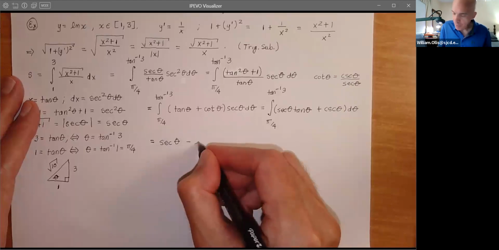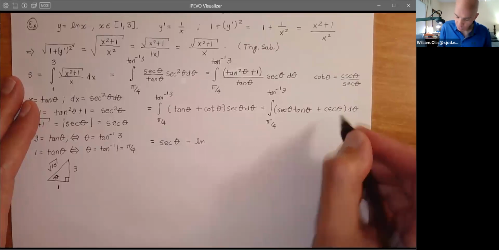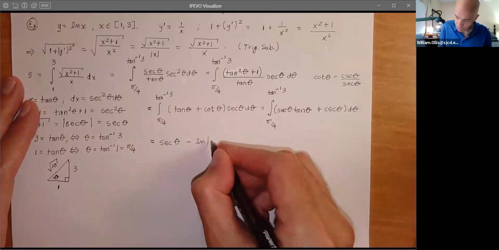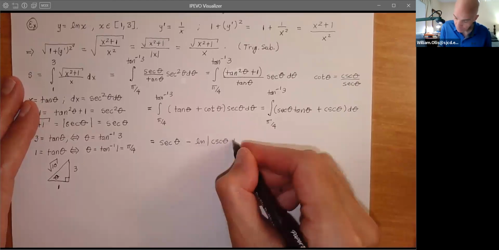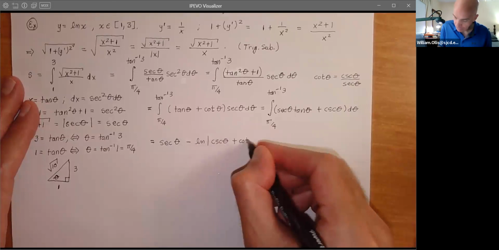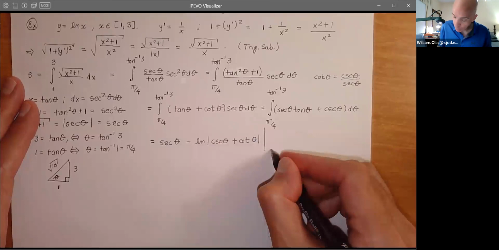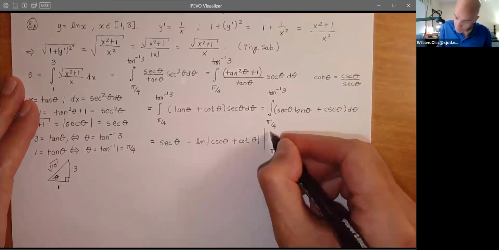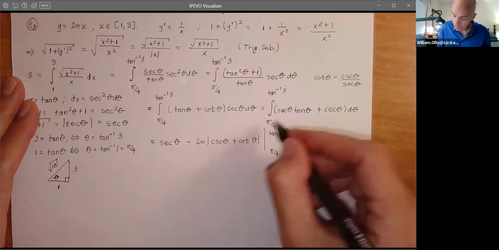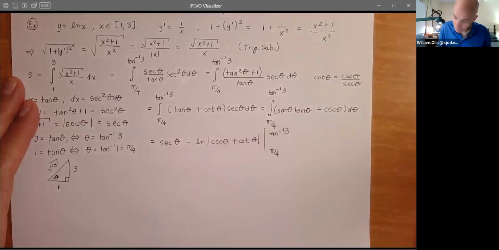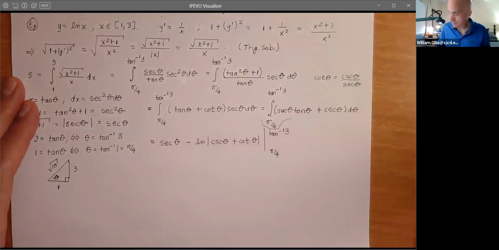We do the secant integral all the time, and that's one we're used to, but this one we also know from Cal 1. And then we evaluate from pi over 4 to inverse tangent of 3. Sorry, it's getting a little bit crowded there. Let me just do a little, so you'll see that separate.